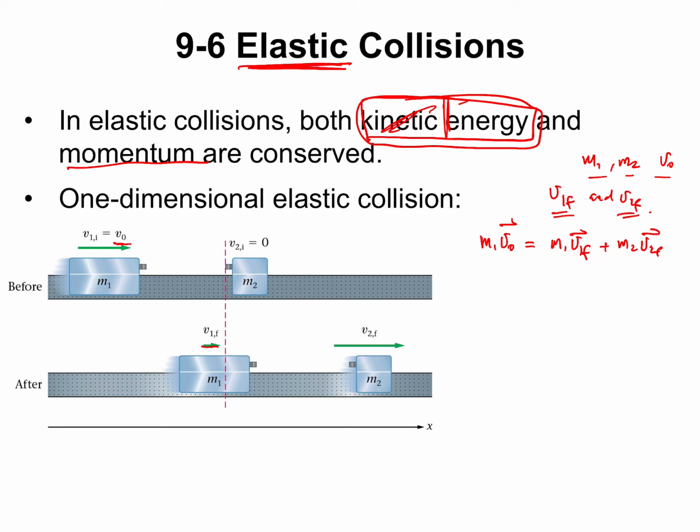The second equation is energy conservation: half m1 v0 squared, the total kinetic energy before, equals the total kinetic energy after, half m1 v1f squared plus half m2 v2f squared.